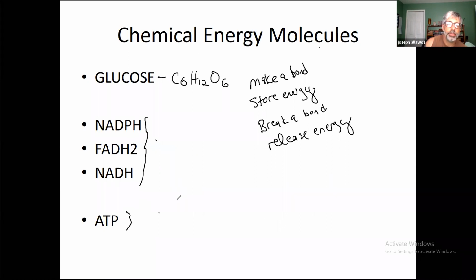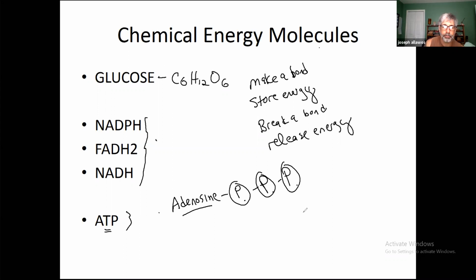Okay, what is ATP? ATP is adenosine with 3 phosphates. Phosphates, remember, are PO4. So ATP is adenosine triphosphate, 1, 2, 3. Okay.